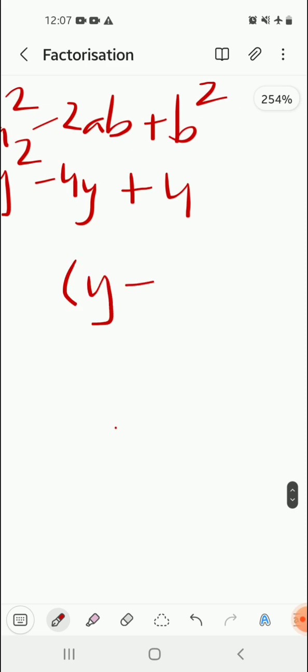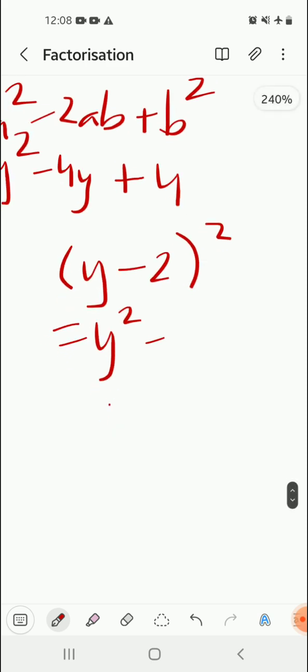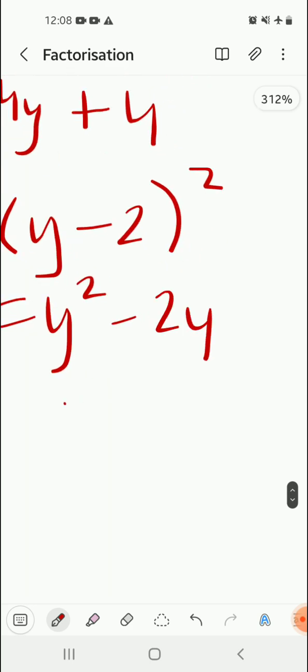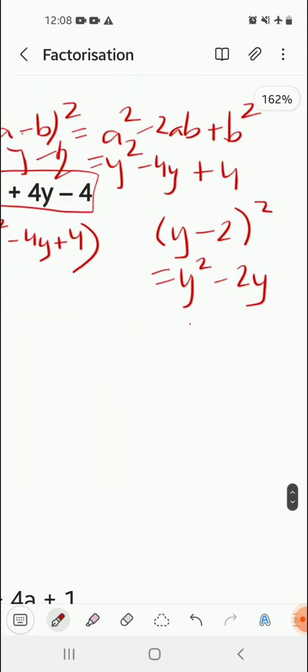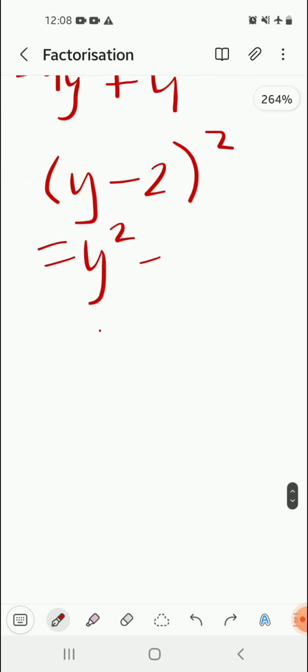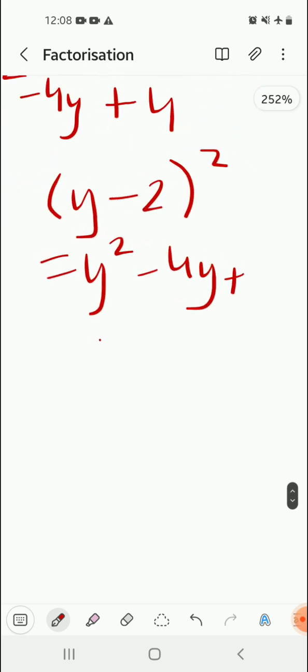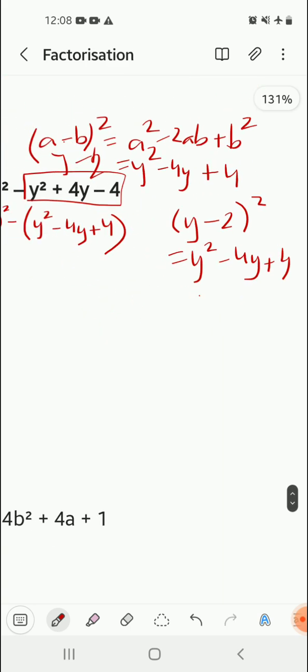If you write y minus 2 whole square, we get y square minus 2 into 2, 4y, plus b square, that is 2 into 2, 4. This is what exactly we have got.